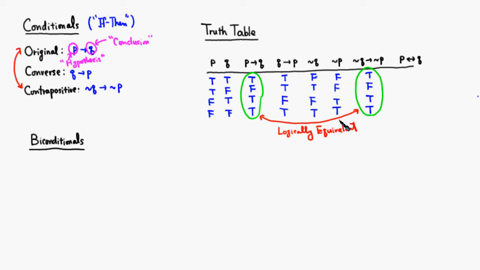All right. And another thing is the biconditional. The biconditional is really the if and only if statement. The notation is P if and only if Q, and you can also use iff, short for if and only if.